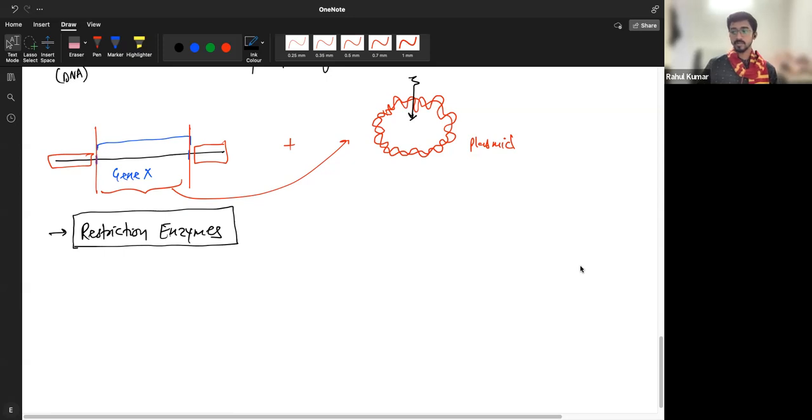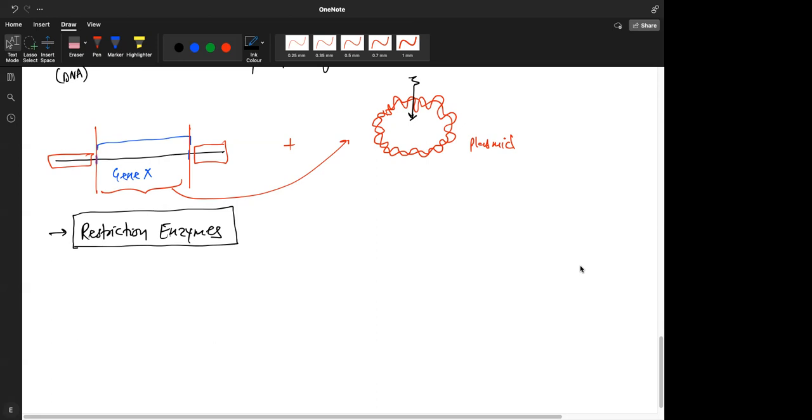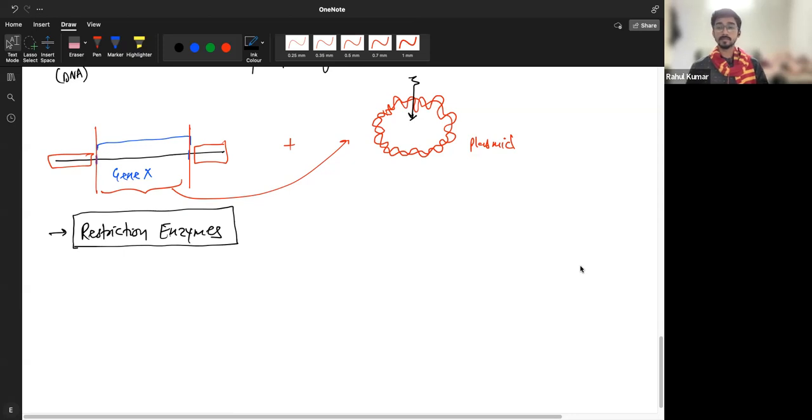So what should be the name of the enzyme that facilitates this process? DNA dependent RNA polymerase. Perfect. If somehow I am making RNA from an RNA, hypothetically, then it becomes RNA dependent RNA polymerase.